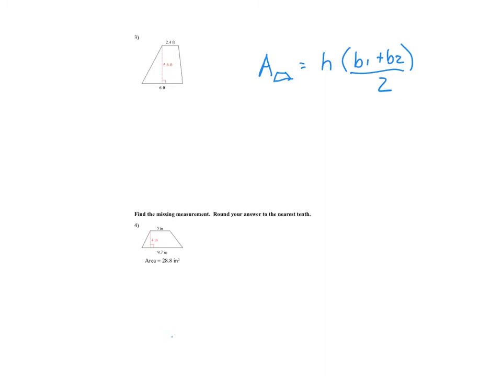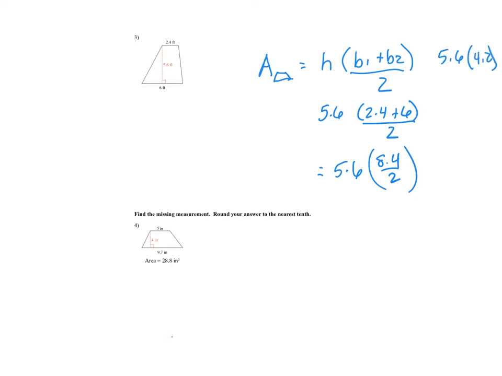So what you're doing is you're finding the average of base 1 and base 2, and that would be, in this problem, the height would be 5.6, and then the average of base 1 and base 2 would be 2.4 plus 6 divided by 2. 2.4 plus 6 is 8.4, divided by 2, which is 4.2.